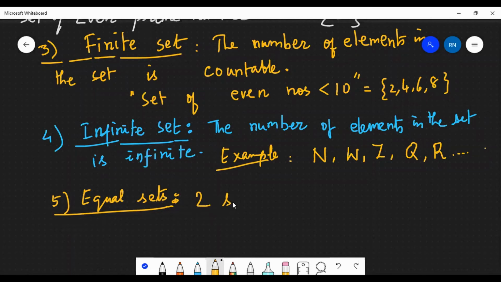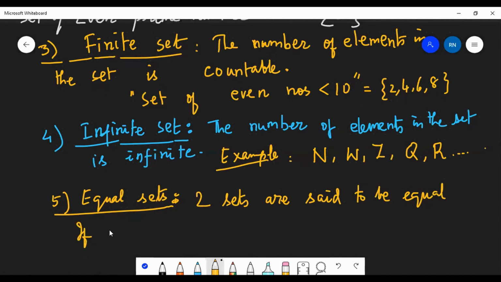So you can equate two sets, or they are said to be equal, if the number of elements are equal, number one.